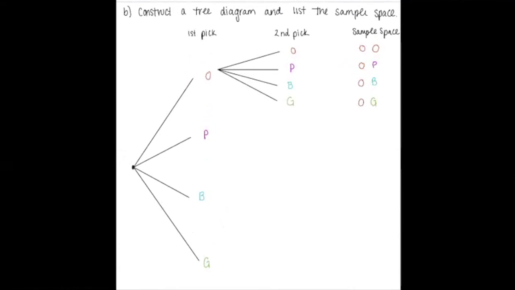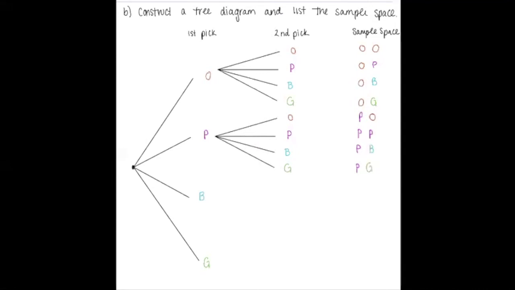And now we just repeat this process. I pick pink, goes back in. I have all of these possibilities again. So for our sample space, pink is selected first each time. And then you do pink and orange, pink and pink, pink and blue, pink and green.